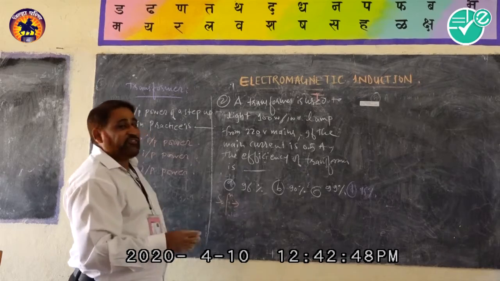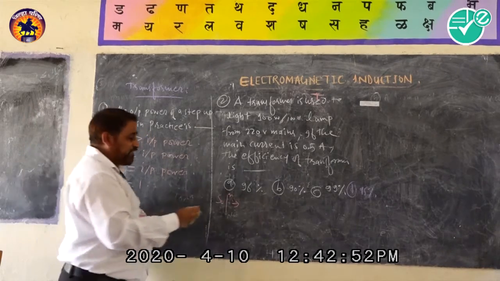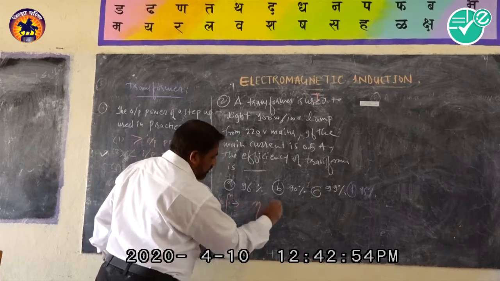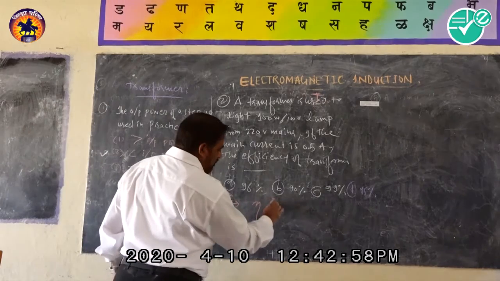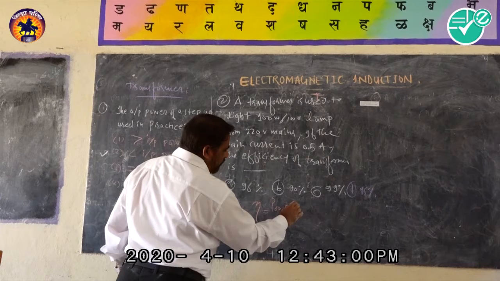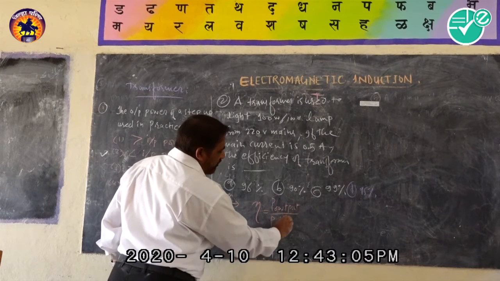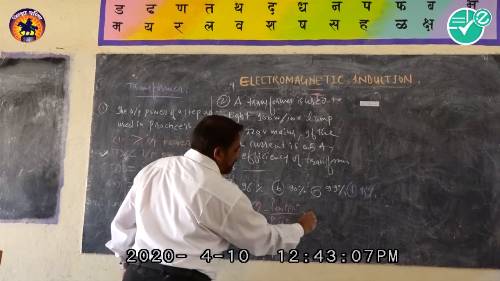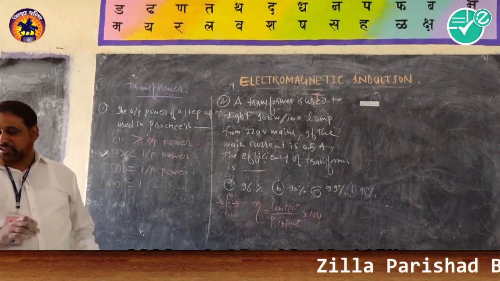The formula for the efficiency of a transformer is eta is equal to output power upon input power, P output divided by P input, multiplied by 100. So this is the formula to calculate the efficiency.